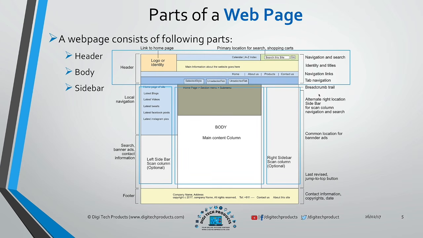This is called guiding. In addition to the site map or the web pages, here we guide them. We show an advertisement of a product or something like that. So this is the use of a sidebar. And the last is the footer, which is the bottom note. In the footer, normally we provide the company name, details, address, terms and conditions about the site, all such information which is readily accessible.